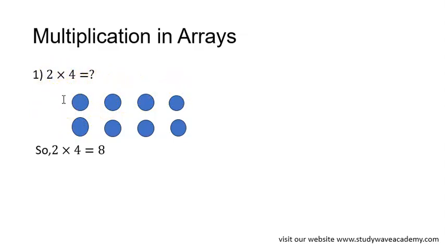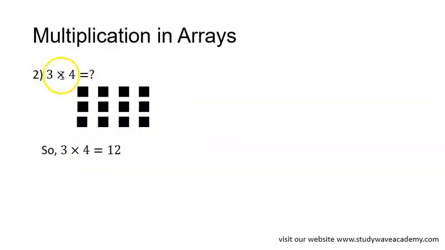We make 2 rows and 4 columns. So we do 2 in 2 rows, 1, 2, and make 4 columns of the rows, 1, 2, 3, 4. Then we add it together by counting them together. If we count together it is 1, 2, 3, 4, 5, 6, 7, 8. So 2 times 4 is 8.